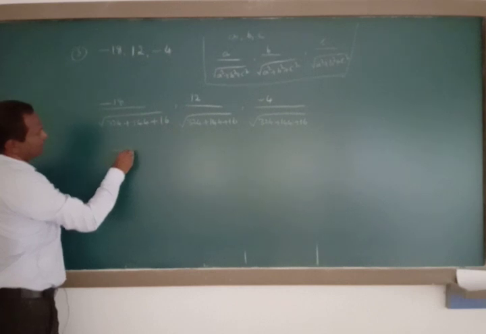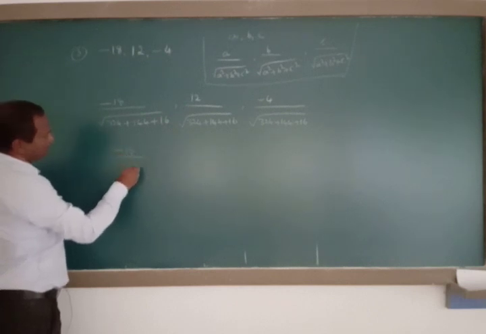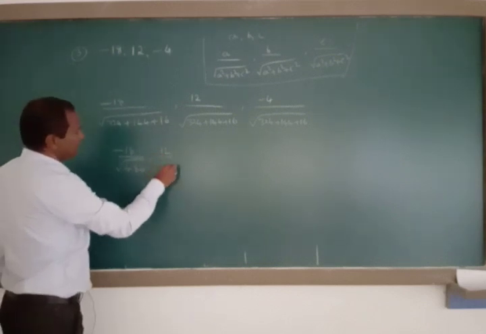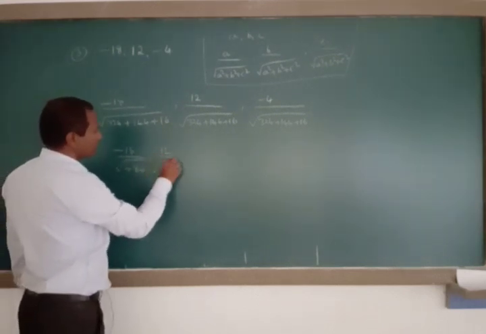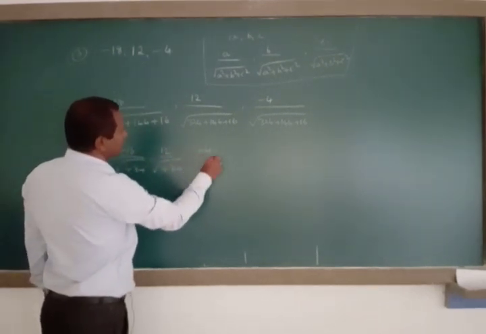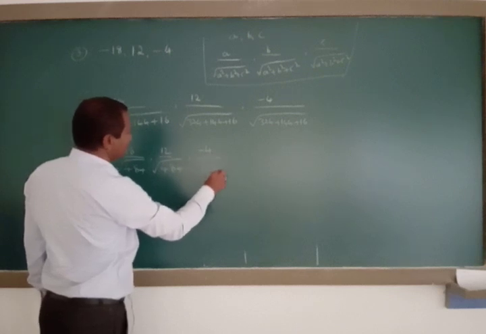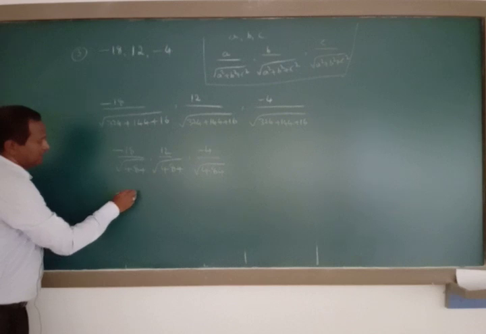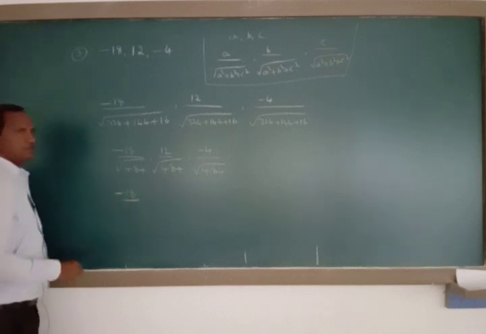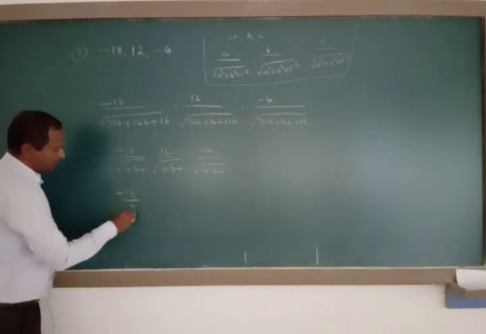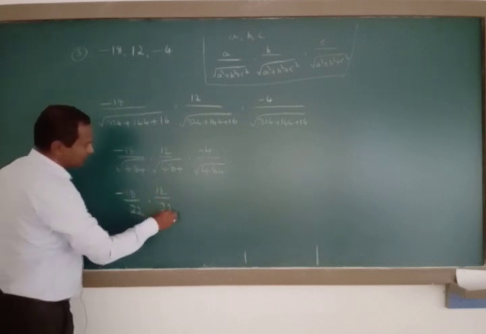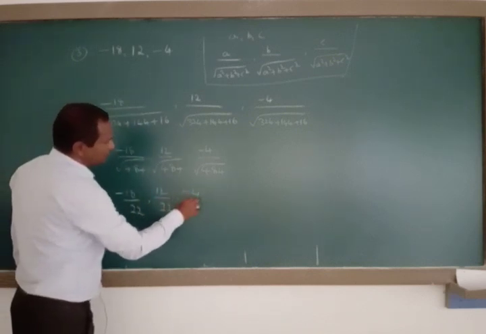Minus 18 divided by square root of 484, 12 divided by square root of 484, minus 4 divided by square root of 484. The square root of 484 is 22. So minus 18 by 22, 12 by 22, minus 4 by 22.